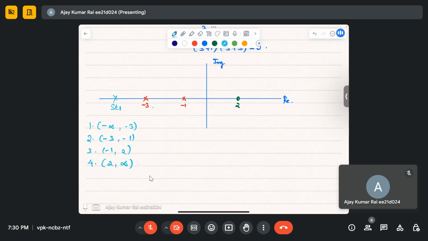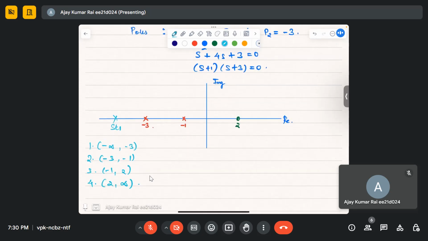Okay, so I'm checking in region 1. ST1 is from -infinity to -3. I can see there are 3 open loop poles and zeros, so that means odd, right? Odd means the root locus will not exist.